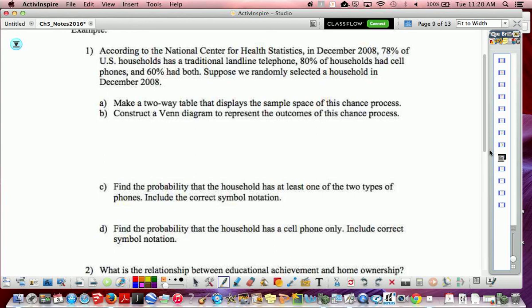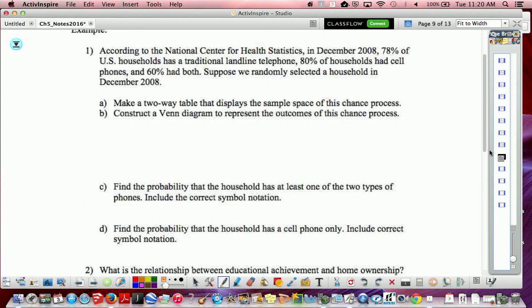So number 1 says this. According to the National Center of Health Statistics, in December of 2008, 78% of U.S. households had a traditional landline telephone. 80% of the households had cell phones, and 60% had both.